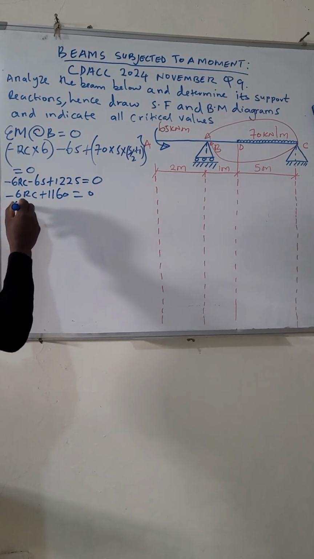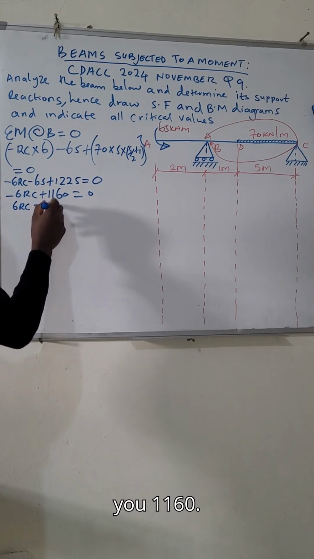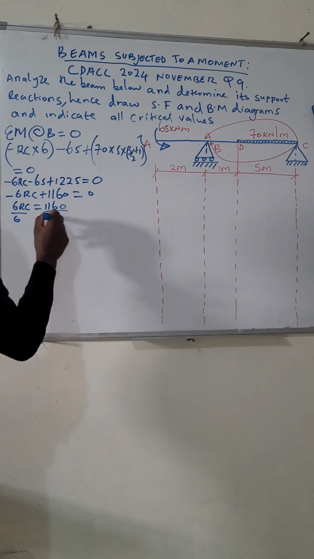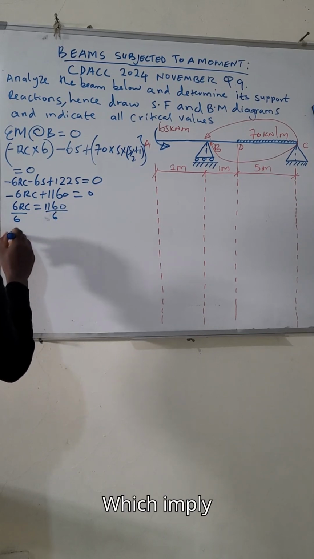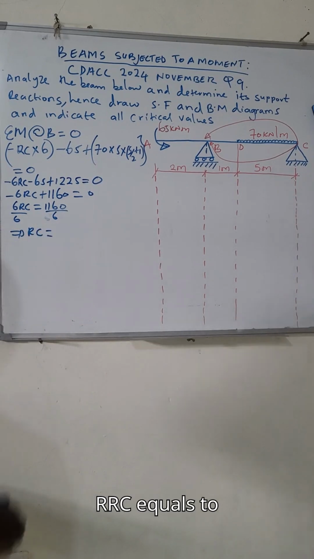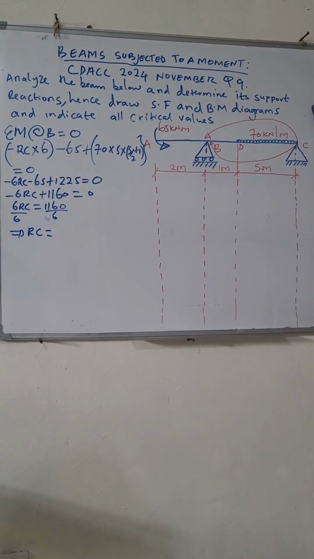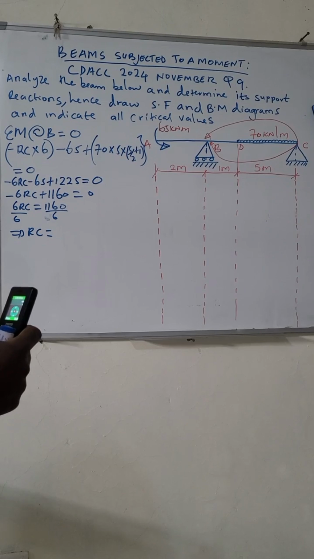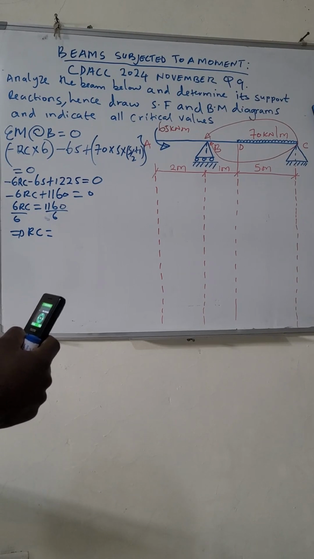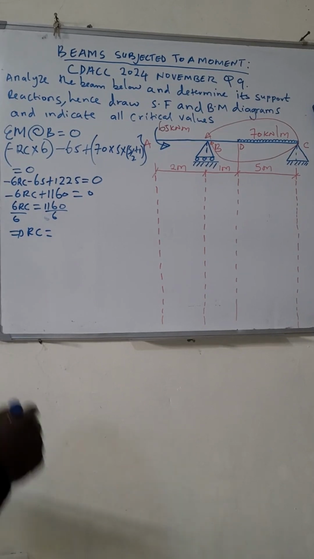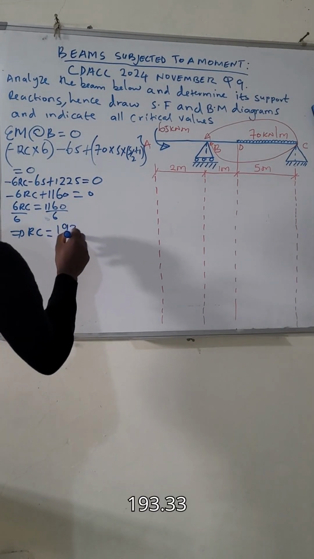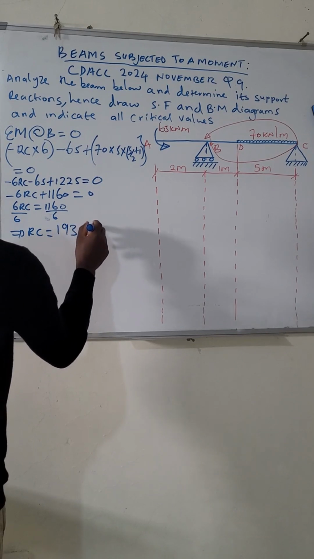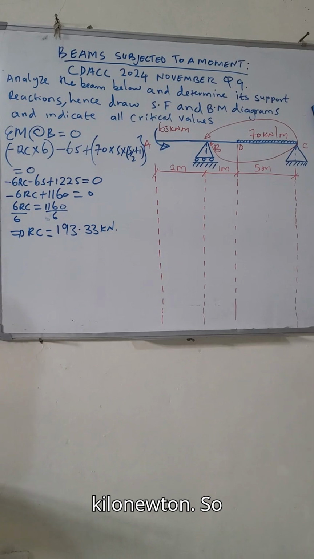So we have 6 RC should give you 1160, which implies RC equals 193.33 kilonewton.